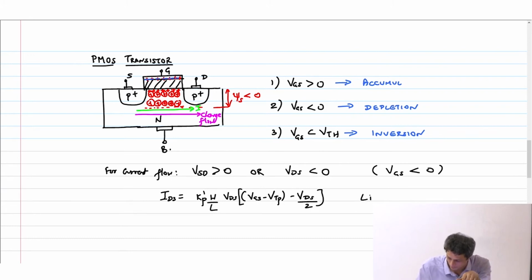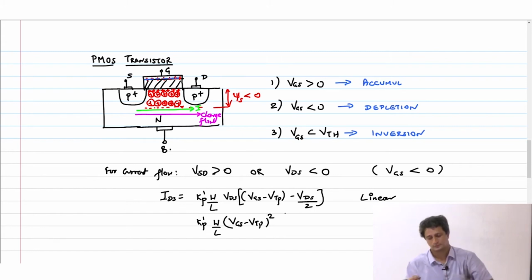This is for linear. And saturation will be Kp prime W by L VGS minus VTP the whole square.